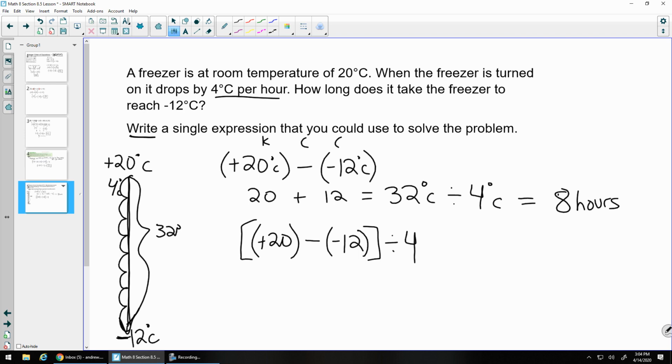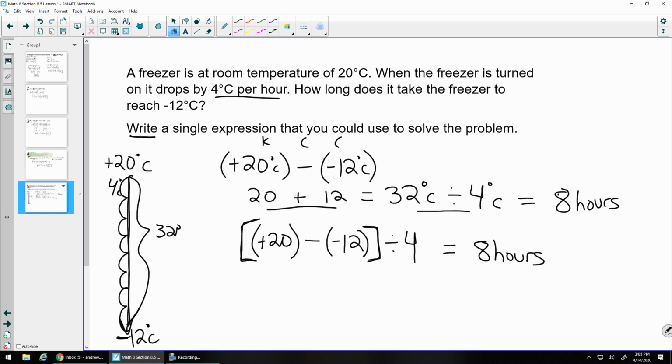That was what we did in one expression. Instead of doing one step, then an equal sign, and then the division, we could show it in one expression by using brackets to show what we want to do first. And when you solve this, you still get the 8 hours that it takes for that freezer to cool down if it's cooling by 4 degrees Celsius every hour.